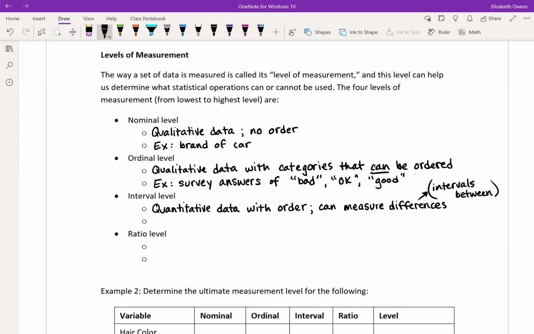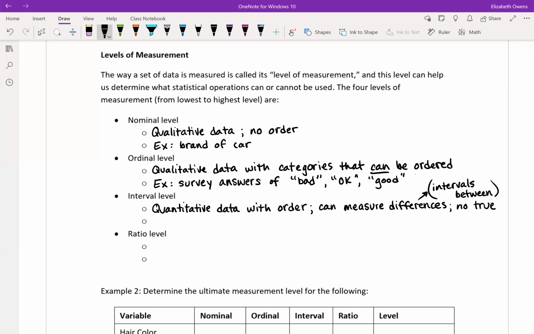That is a 5-degree difference, and that's a meaningful difference there, right? Like we can tell, okay, how much warmer is it today than yesterday? 5 degrees.